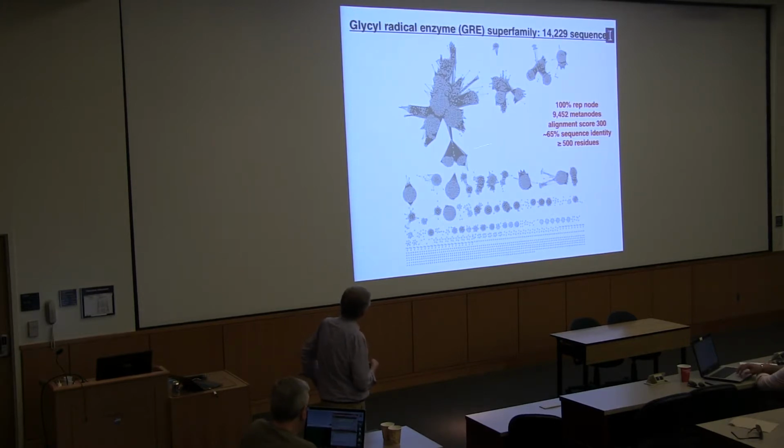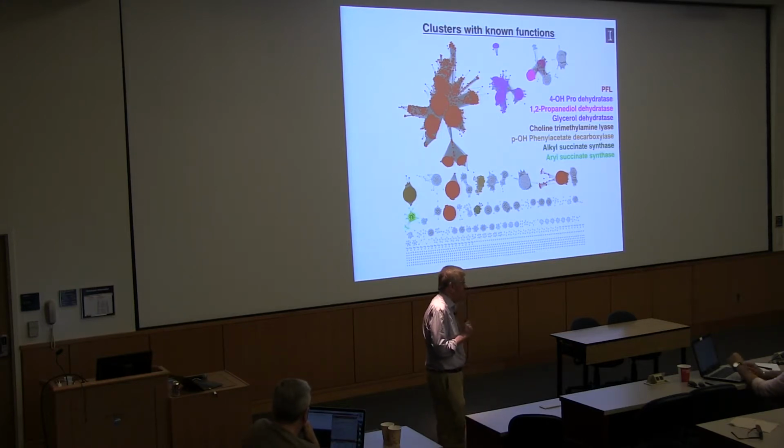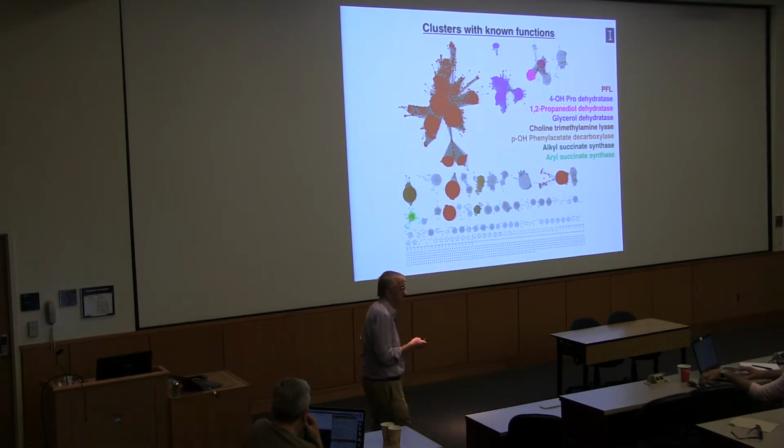This is probably fractionated for isofunctionality. Each cluster has the same function. Here are the 7 functions that have been associated with the glycyl radical enzyme family. And the point of this is, notice that there are a lot of gray clusters. The gray clusters do not have functions, and so these are probably members of the glycyl radical enzyme family that are doing some amusing chemistry that is yet to be discovered.